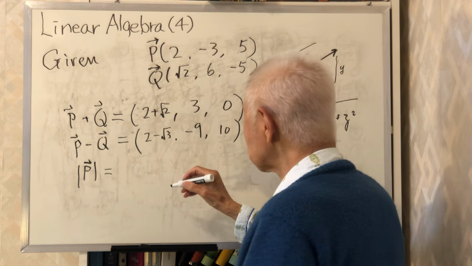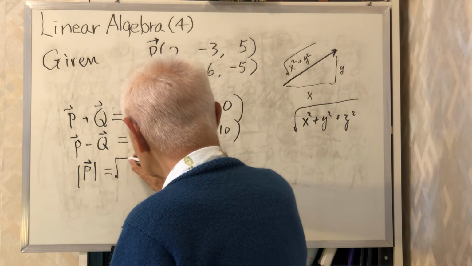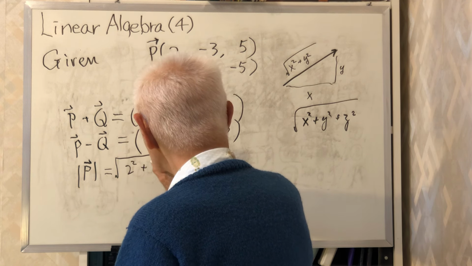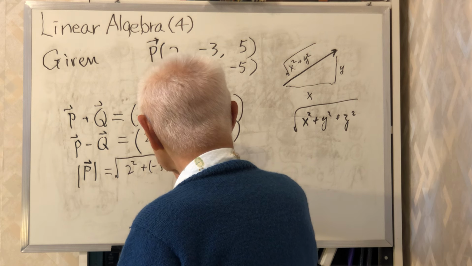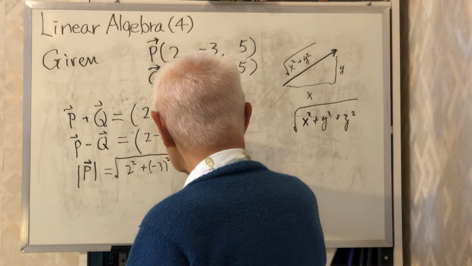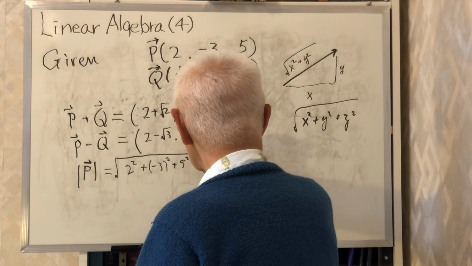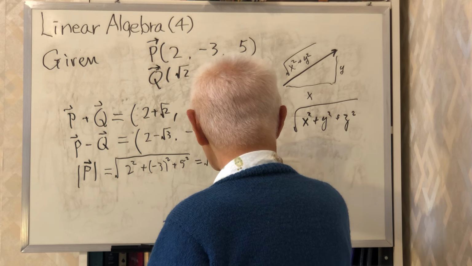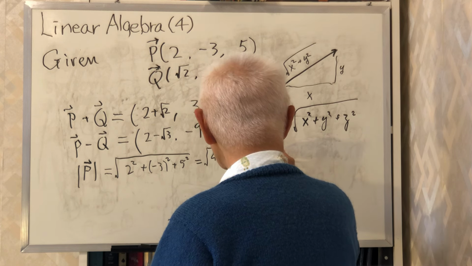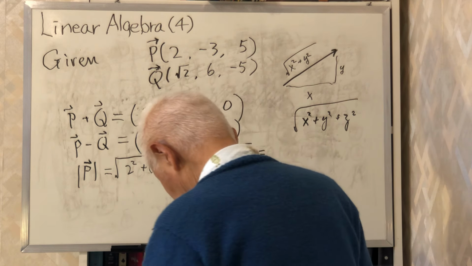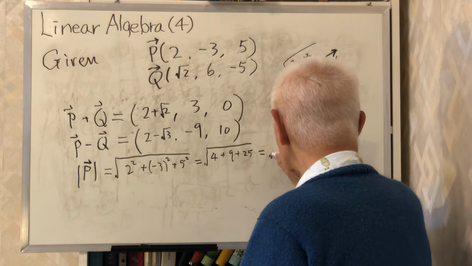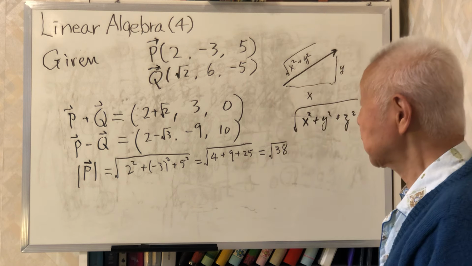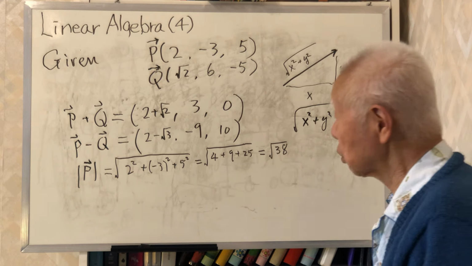Therefore, the magnitude of P is the square root of 2 squared plus -3 squared plus 5 squared. 4 plus 9 plus 25, and this is 38. Okay, the magnitude of P vector is square root 38.